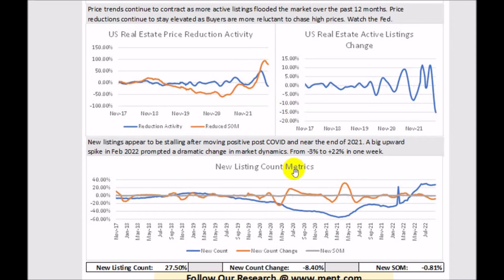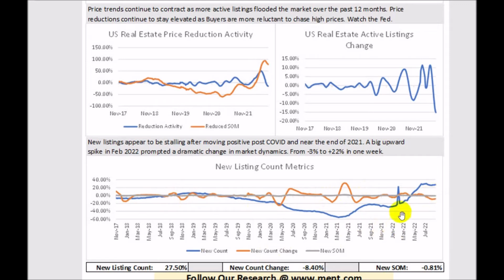Well, we just found out what's coming is higher interest rates and an aggressive Fed unless something changes, and we haven't seen that literally since the end of 2018 when the Fed raised interest rates and then moved everything aggressively lower. So I'm expecting the new listing counts to begin to move higher.